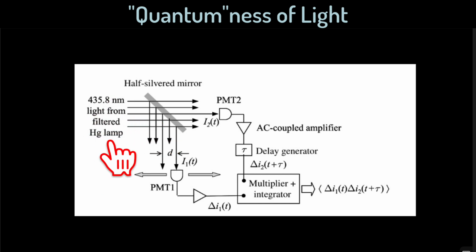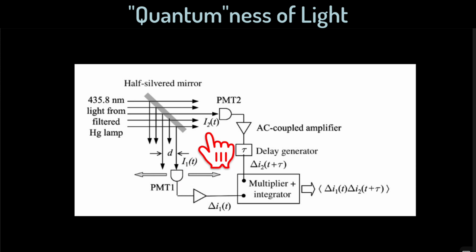Once you have a laboratory light source, in this case let's say a mercury lamp, which is filtered for a monochromatic emission, so you essentially have a single line or close to a single line, this light falls onto a beam splitter. Part of the light gets directed to the photomultiplier tube, and the other part is transmitted into photomultiplier number 2.